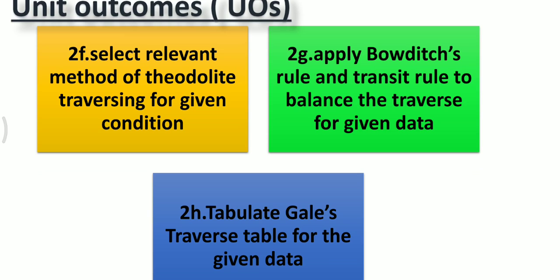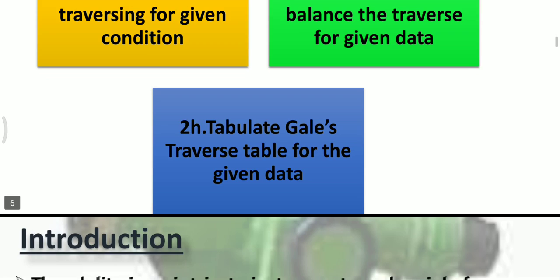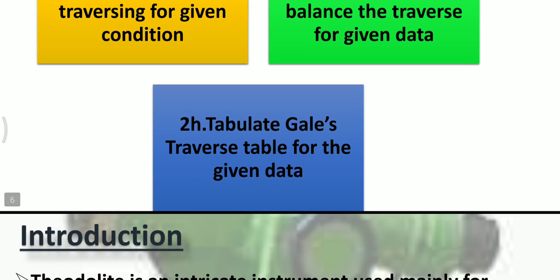That means when we take measurements in the field, some errors occur in the measurement. These errors are eliminated with the help of the Bowditch rule and transit rule. This procedure is called balancing the traverse. And the last unit outcome is to understand Gale's traverse table.